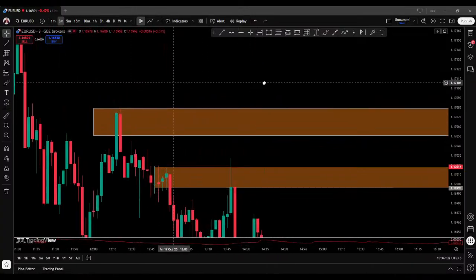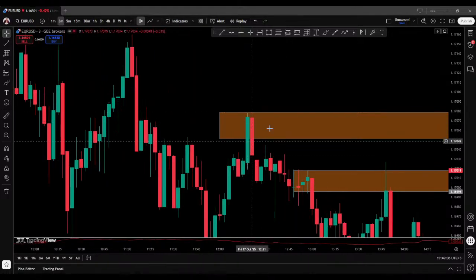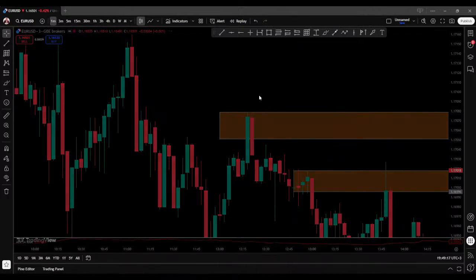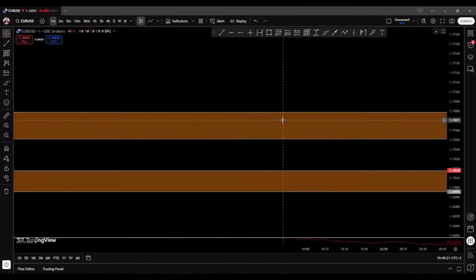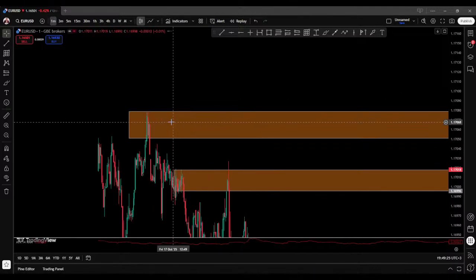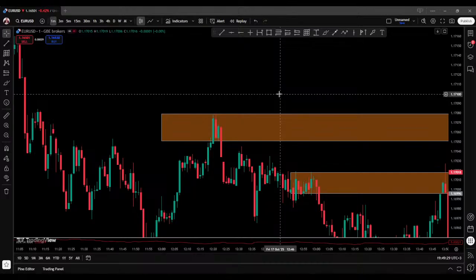Aha. Now you can see that we are at the 50% of an order block. Let's see what we have in the 1 minute. Good. Look at this precision.